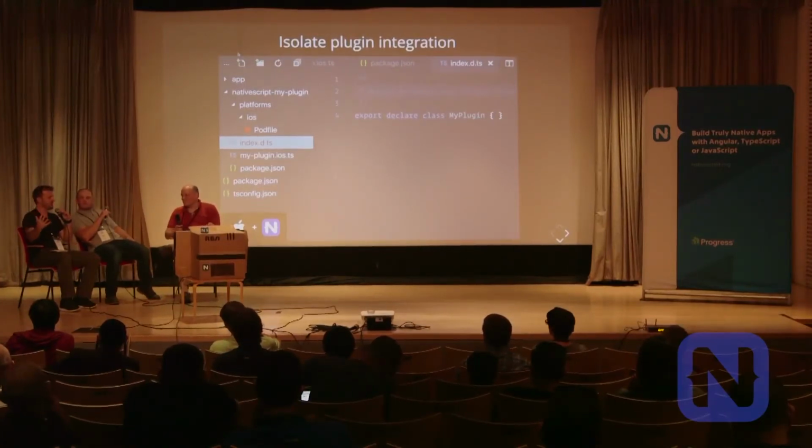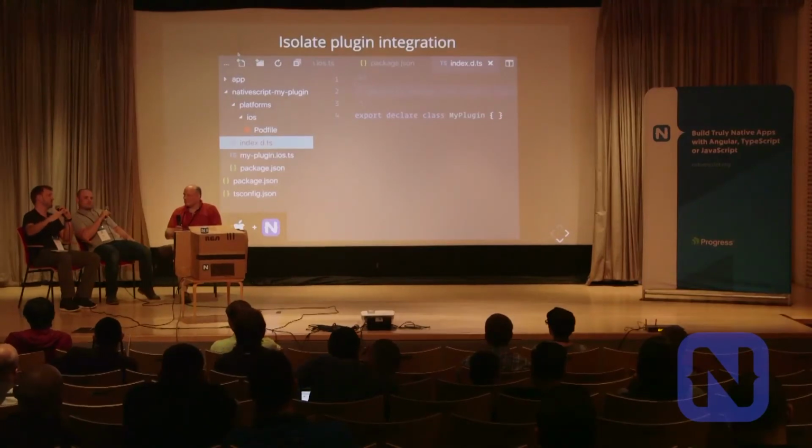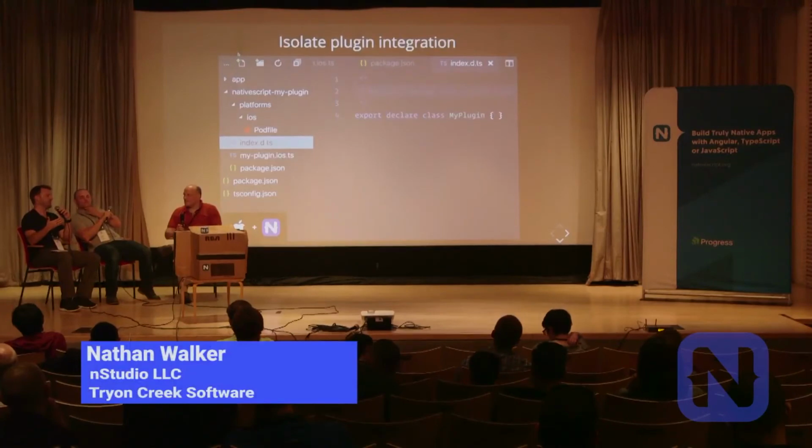You really want to bring a common denominator down to a single typings file because as a plugin developer, you really want to make sure your API is the same across both. That's the beauty of NativeScript: you can provide the exact same API on two totally different platforms running two totally different languages. That makes sense.